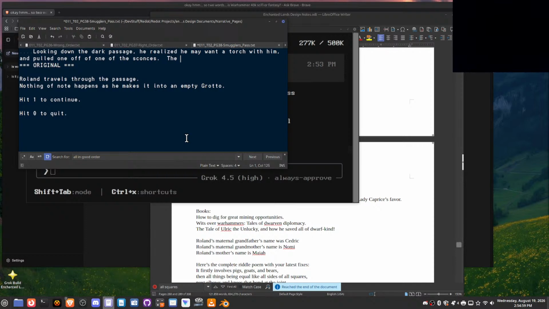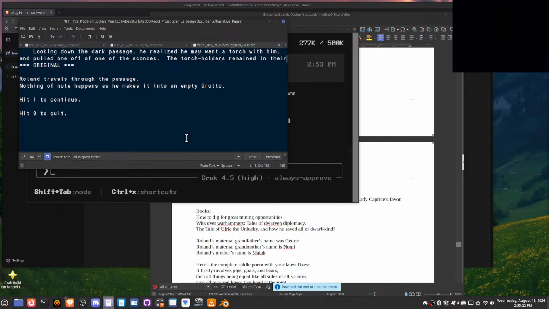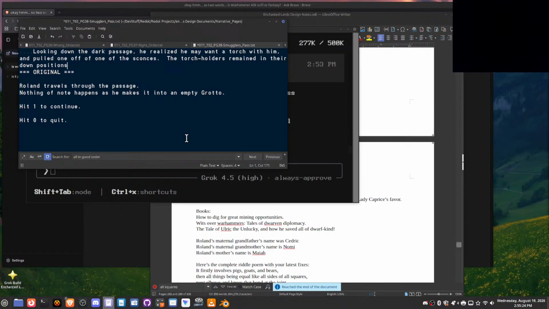The torch holders remained in their set down position as Roland headed off down the passage.